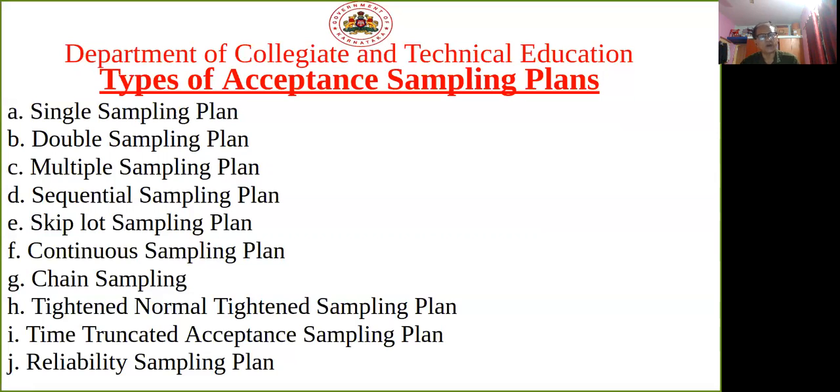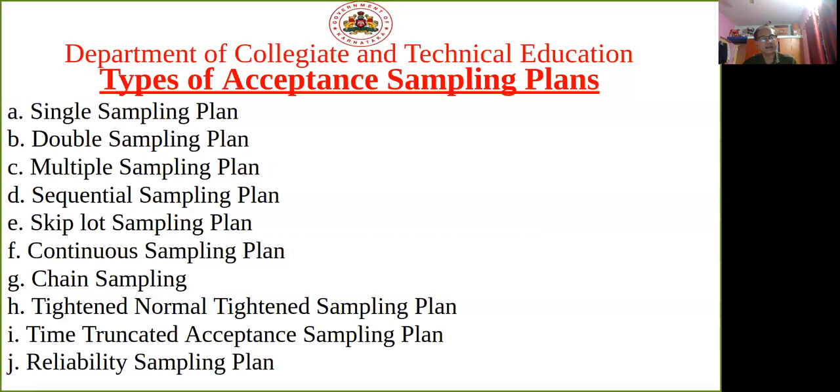Fifth is the skip lot sampling plan. Sixth is the continuous sampling plan. Next is chain sampling, then the normal/tightened sampling plan, and then the time truncated acceptance sampling plan and reliability sampling plan.